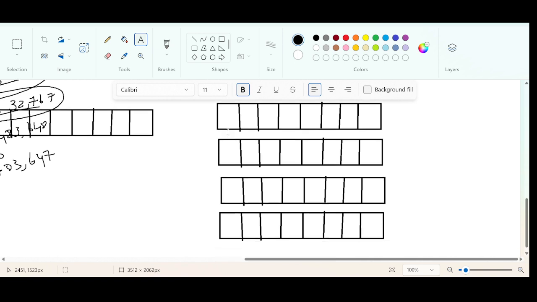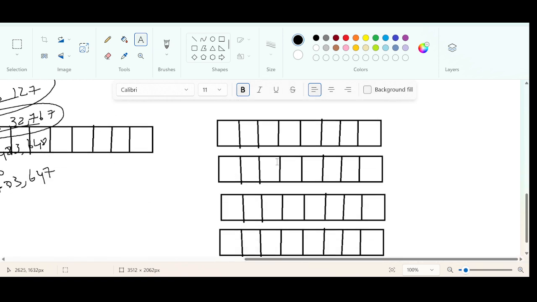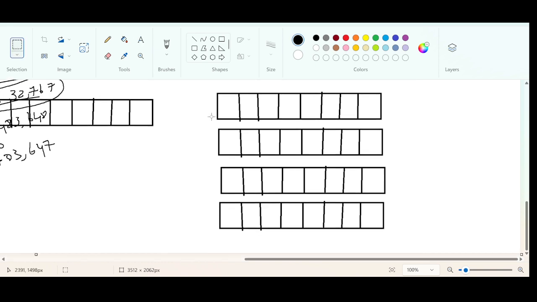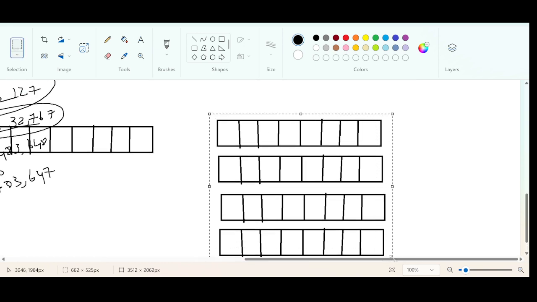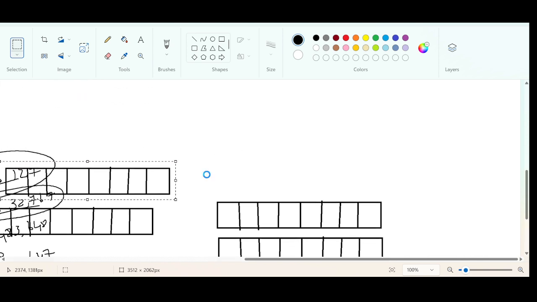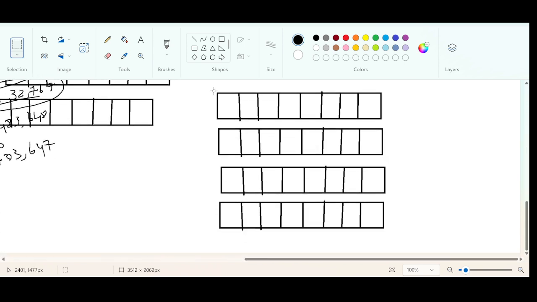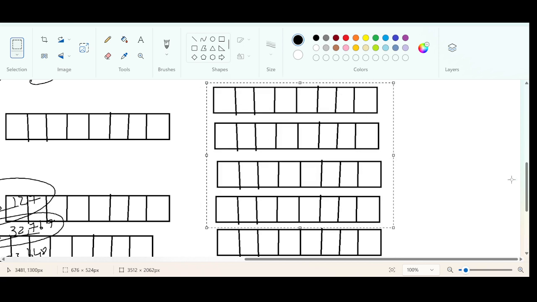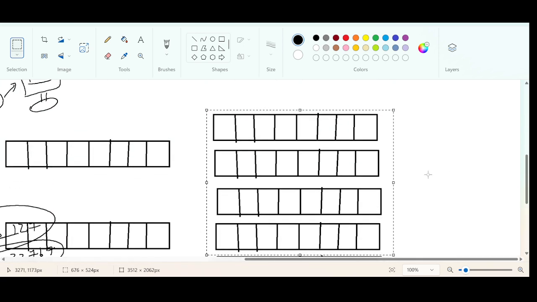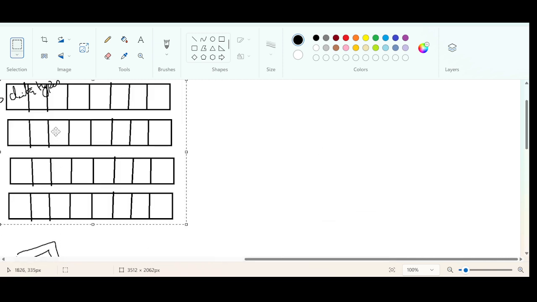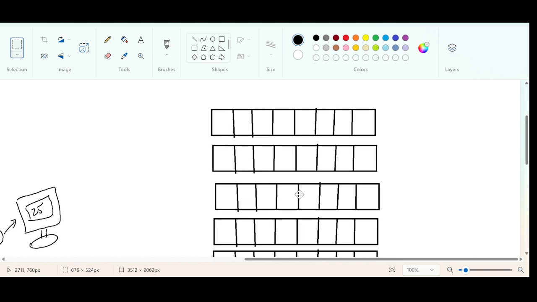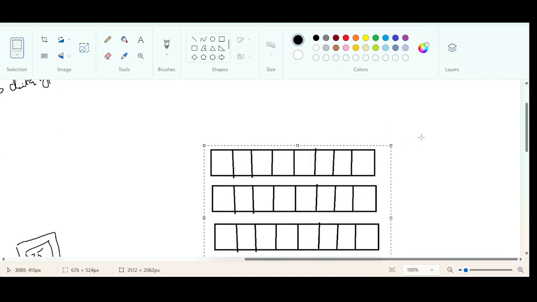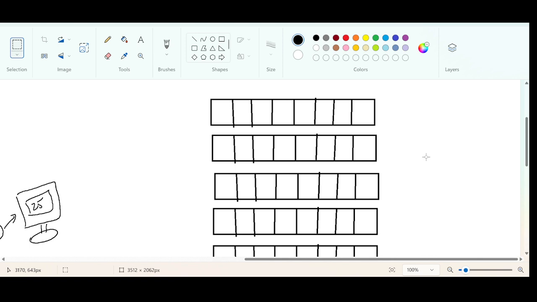I can keep copying and pasting these 8 bits like this for a better understanding. Okay, I have multiplied this. See how many combinations of data we can store by using 8 bits.